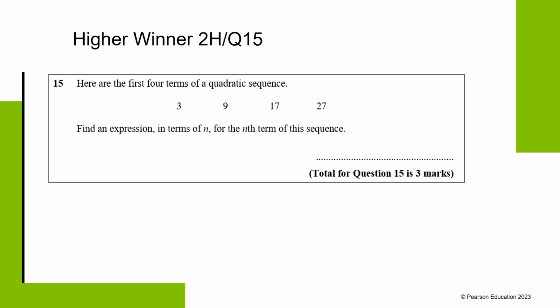This year we've seen students using the formula approach to find the values of A, B and C. It was common for the examiners to award 2 marks for candidates working with n squared and getting as far as the sequence or seeing the sequence n squared plus 3n.